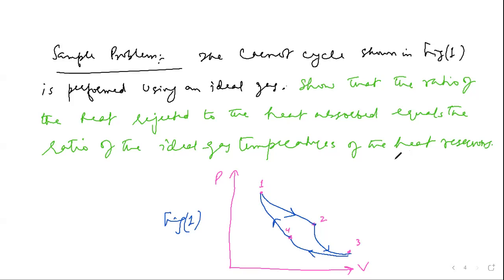Now you know ideal gas temperatures are the same as absolute temperature scales, given that we are using ideal gas as our working substance. Well, let us proceed. Now the solution goes like this.